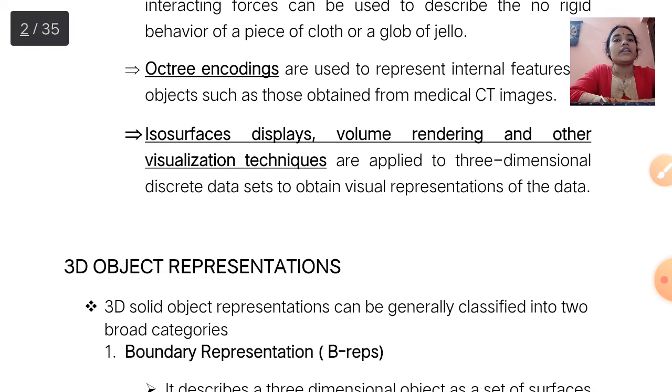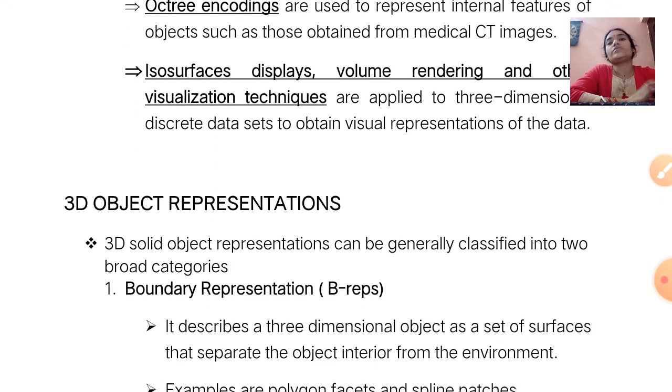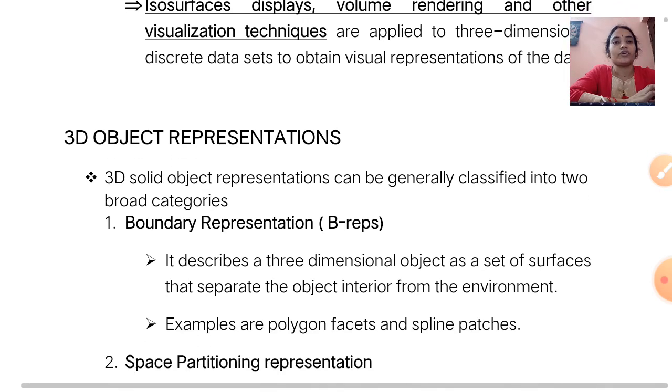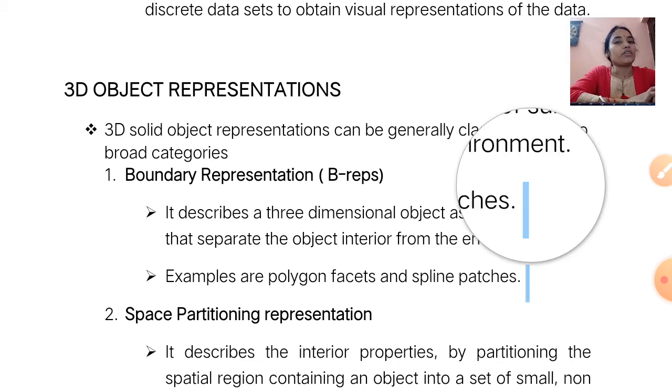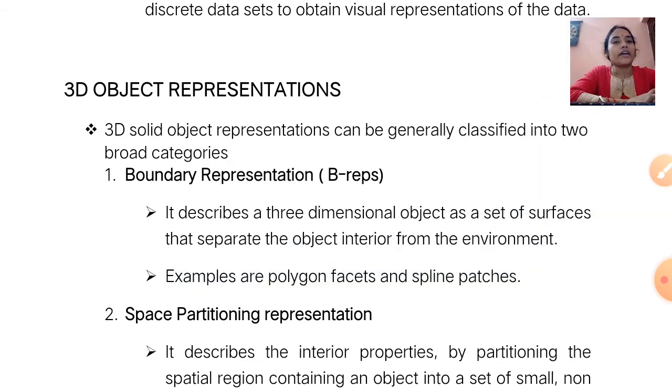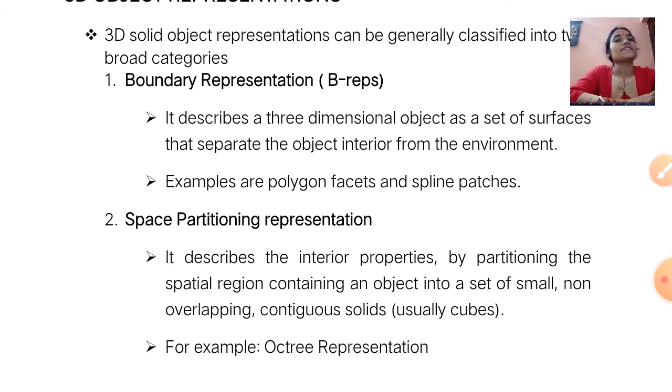Next, what is 3D object representation? 3D solid object representations can generally be classified into two categories: boundary representation and space partitioning representation.